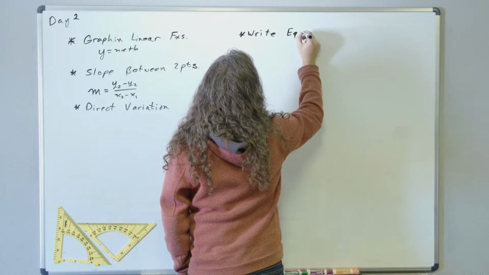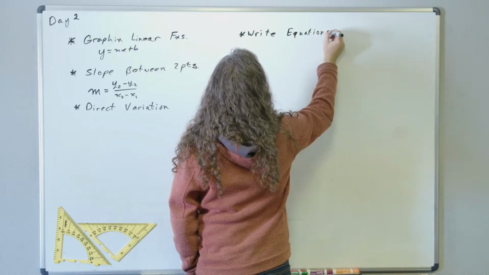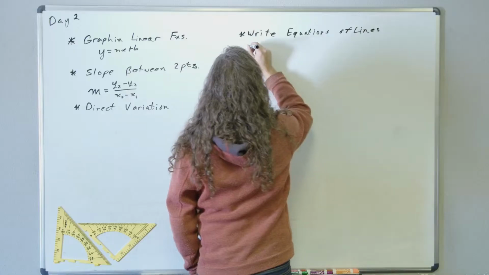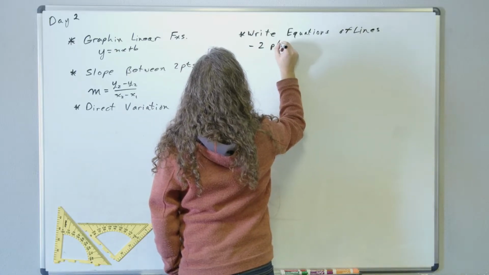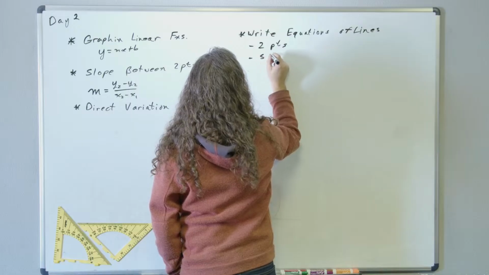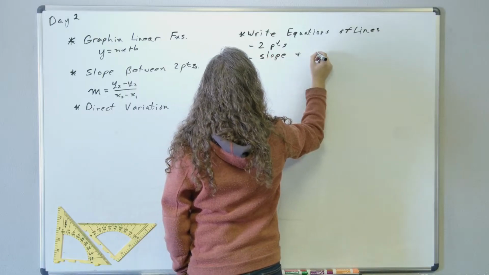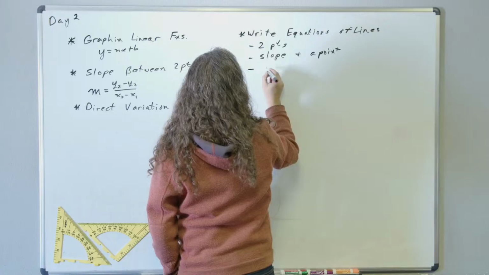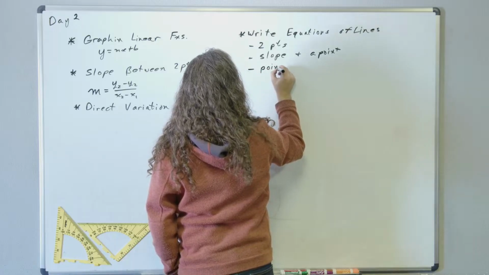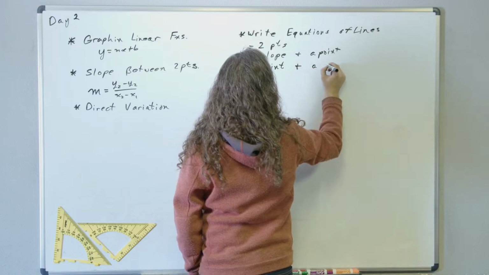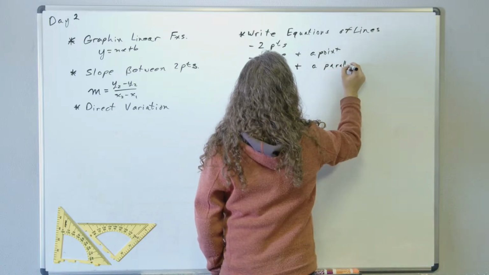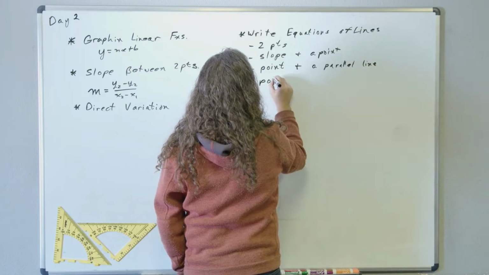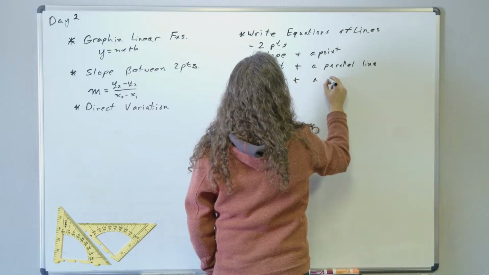Equations of lines given 2 points, or given slope and a point, given a point and a parallel line, or given a point and a perpendicular line.